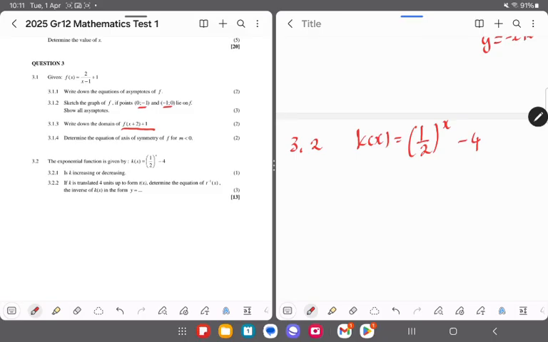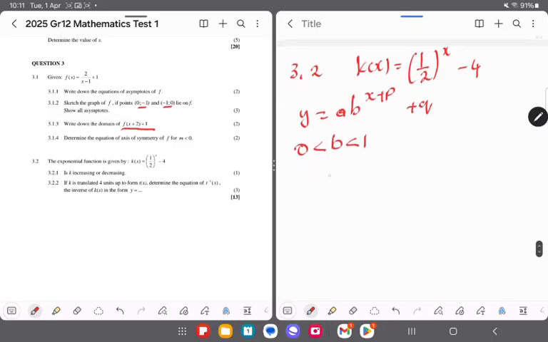Now remember, the form of an exponential function is y equals a times b to the power x plus p, plus q. If b is between 0 and 1, then your function will be a decreasing function.